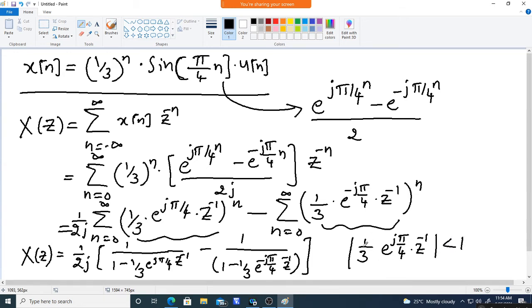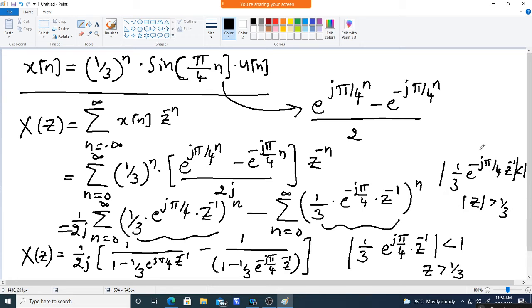The e power term represents the phase, so the magnitude is only 1 by 3. So magnitude of z should be greater than 1 by 3. Similarly for the second term, 1 by 3 into e power minus j pi by 4 into z inverse should be less than 1. Here also, magnitude of z should be greater than 1 by 3.